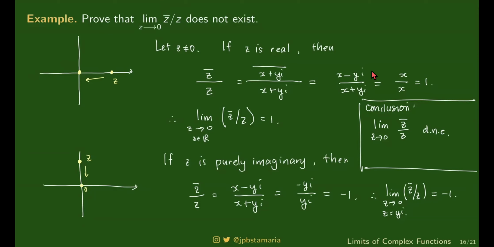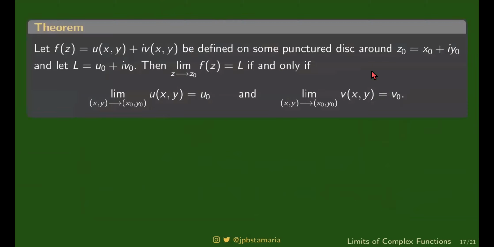Now, in terms of the real part and the imaginary part, we can say something about limits of functions. Hindi ba naaalala nyo ang function na complex can be expressed as u of xy plus i v of xy, where u of xy and v of xy are real valued functions on the variables x and y. Okay? So let us say that this function is defined on some punctured disk around z0 with these coordinates.